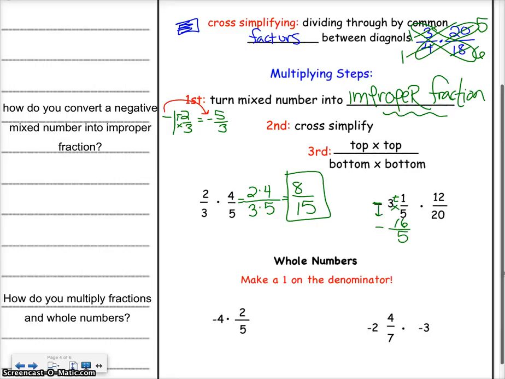Negative, you just bring that negative on down, times 12 over 20. I can't cross simplify with the 5 and 12. However, 4 goes into 16 and 20, so 16 divided by 4 is 4, 20 divided by 4 is 5. Now I can go top times top, negative 4 times 12 over bottom times bottom, 5 times 5.